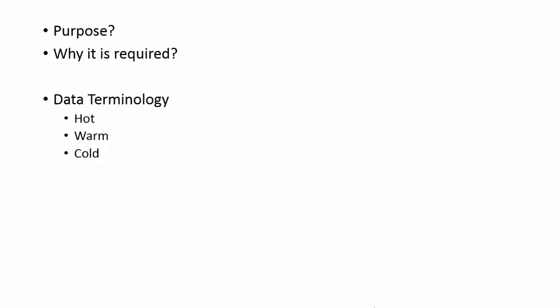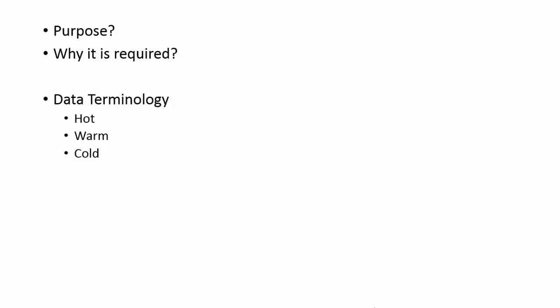Those data are called hot data. Warm data is the last 3 months of data. The transactions will be there for that data as well, but when you compare with hot data, the transactions and data changes will be less. So we call it warm data. Cold data is historical data, like the last 2 years or 3 years. That data is not going to change, but there can still be a change in a rare case. So we categorize these types of data.